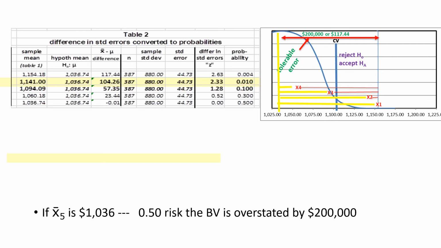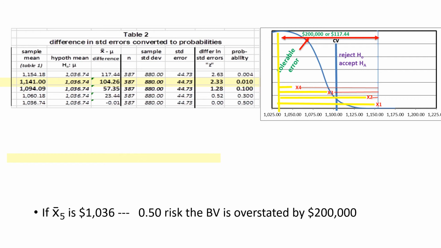Table 2 is the same thing. Notice the sample means are 1154, 1140, the same five sample means that we just talked about. But in table 2, instead of measuring the projected error, the distance between the book value and the sample mean, instead of starting from the book value, we're going to start with what we're trying to prove, our hypothetical mean.